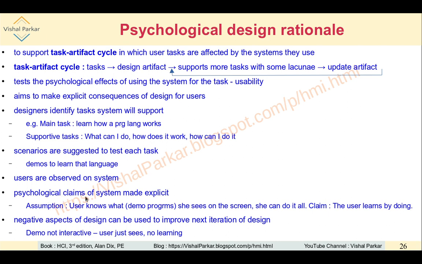Here the psychological claims of systems are made explicit. What does that mean? For example, in the above example, the assumption for the design is that whenever the user knows what demo programs she sees on the screen, she can do it all.